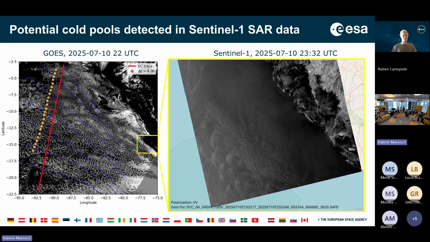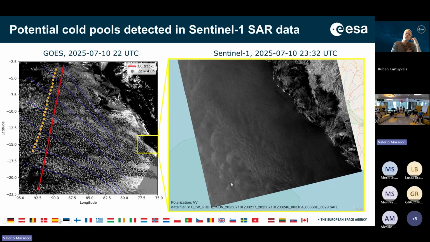And as far as my limited understanding of Sentinel-1 goes, this can measure the ocean roughness, and with that, the winds on the ocean, the wind speeds. And as you can see here, we have these round blobs, which are cold pools that you can see on the ocean surface, so air spreading out radially. And they coincide here with these open cells.